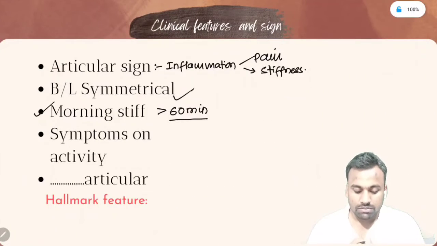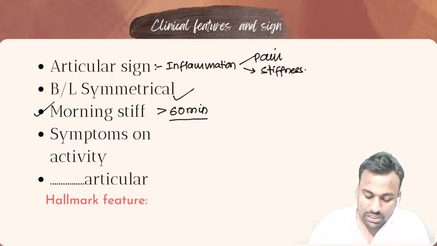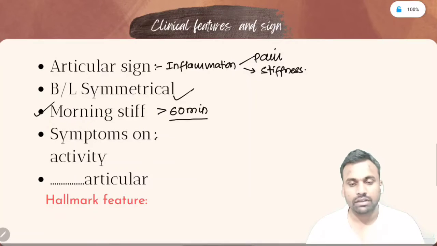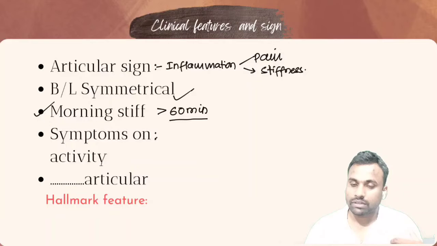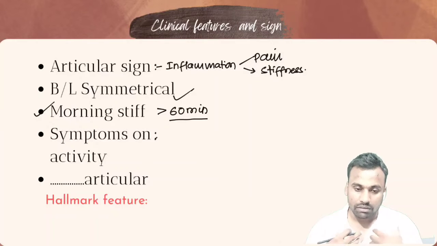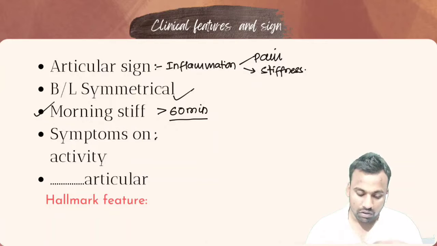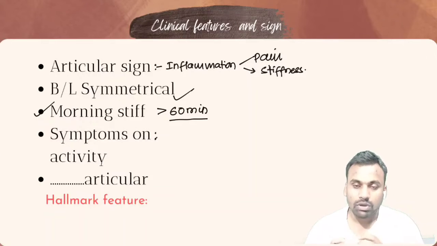These symptoms, like morning stiffness, are mainly more than 60 minutes in the early morning, and when the person can walk or do any activity, normally these symptoms resolve with time.